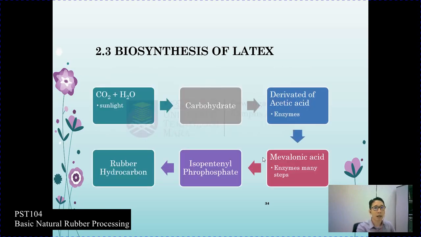The process starts from carbon dioxide with water, in the presence of sunlight, producing a carbohydrate, derived to acetic acid and enzyme to produce mevalonic acid, many steps, and then finally produce isopentenyl phosphate, and then when you tap the rubber tree, they produce the rubber hydrocarbon.